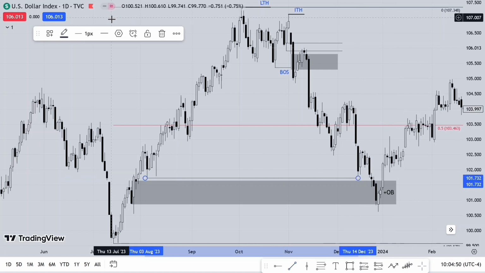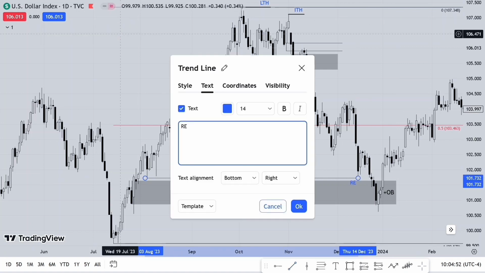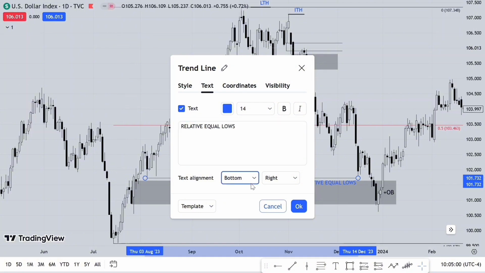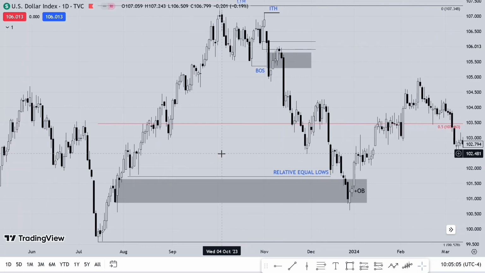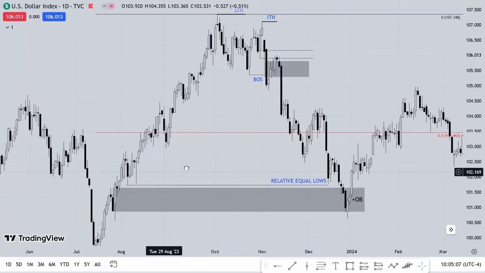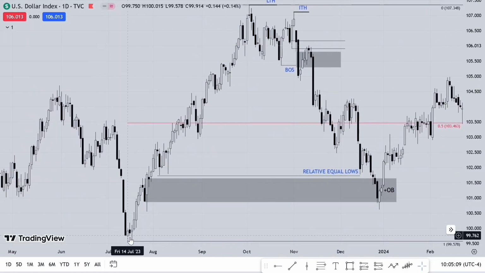So the buyers from here would have adjusted their stop loss to this low.